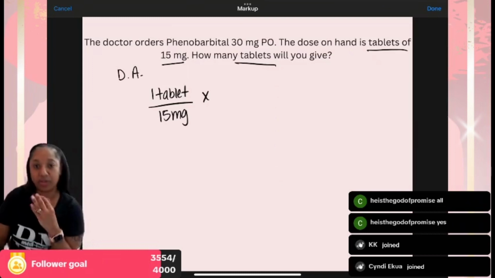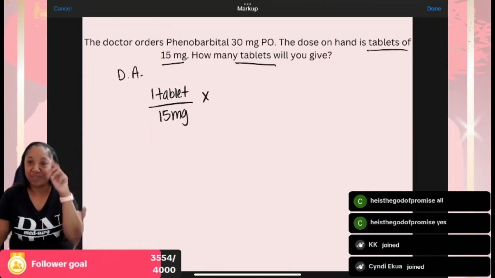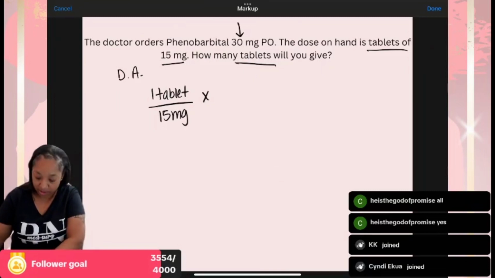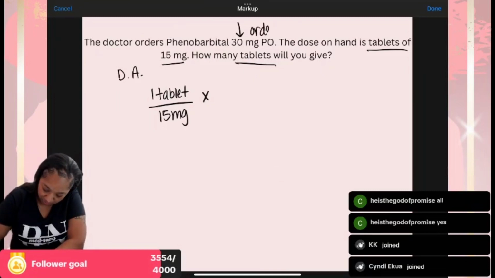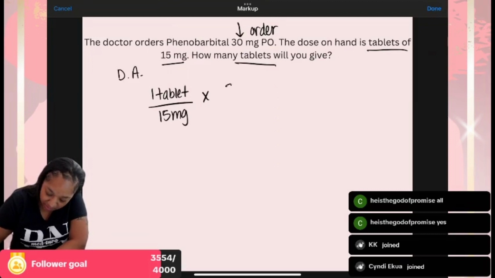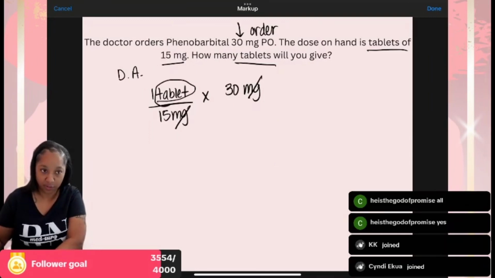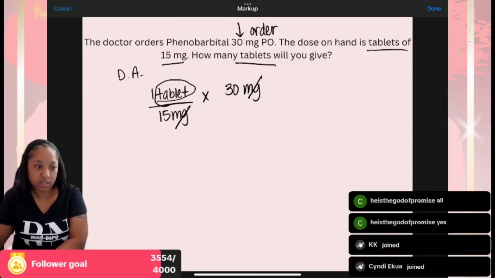Next step, you've got milligrams at the bottom, so you're going to need milligrams on the top. What do we have? Our order, so that's 30 milligrams. You see milligrams crossed out on the bottom, it crosses out on the top, and you're left with tablet. That's what I'm looking for.